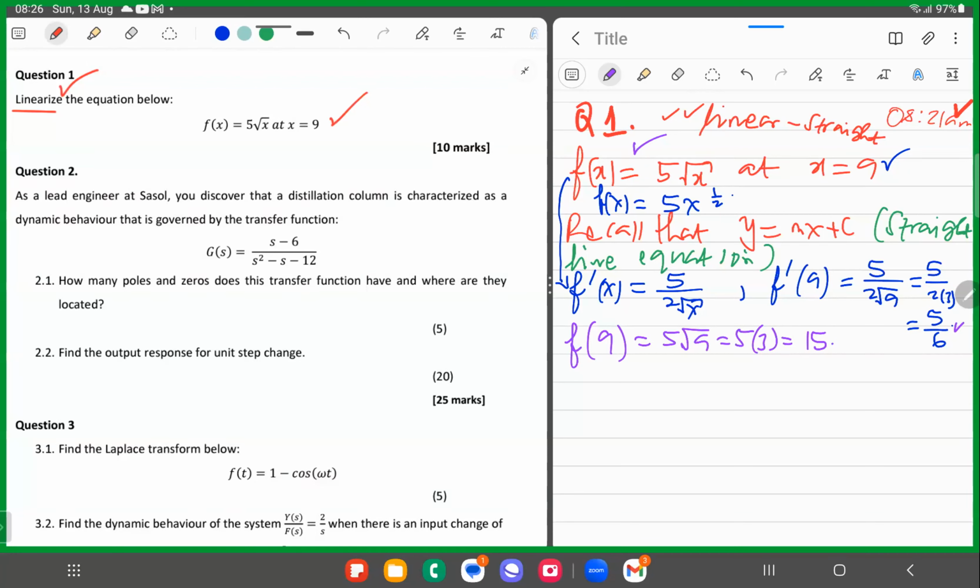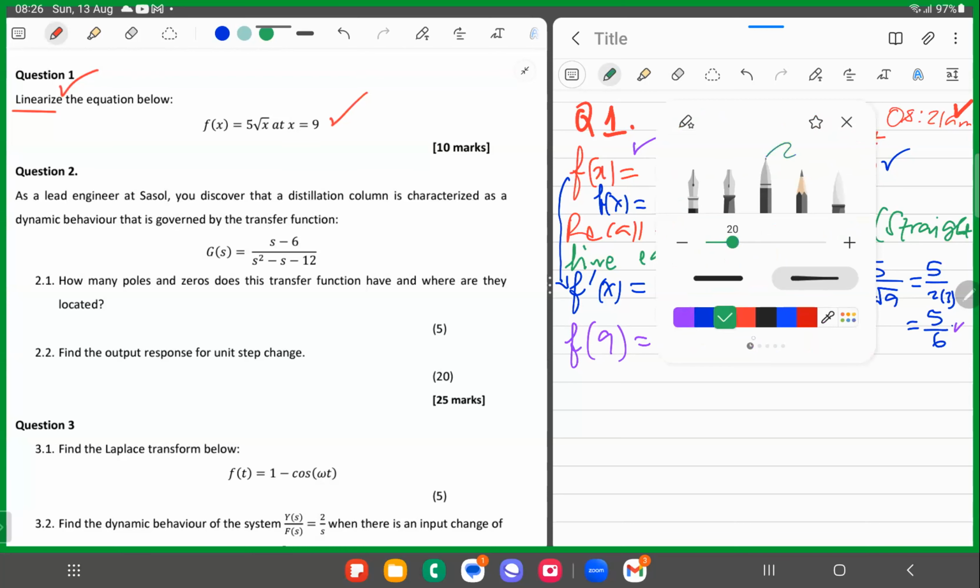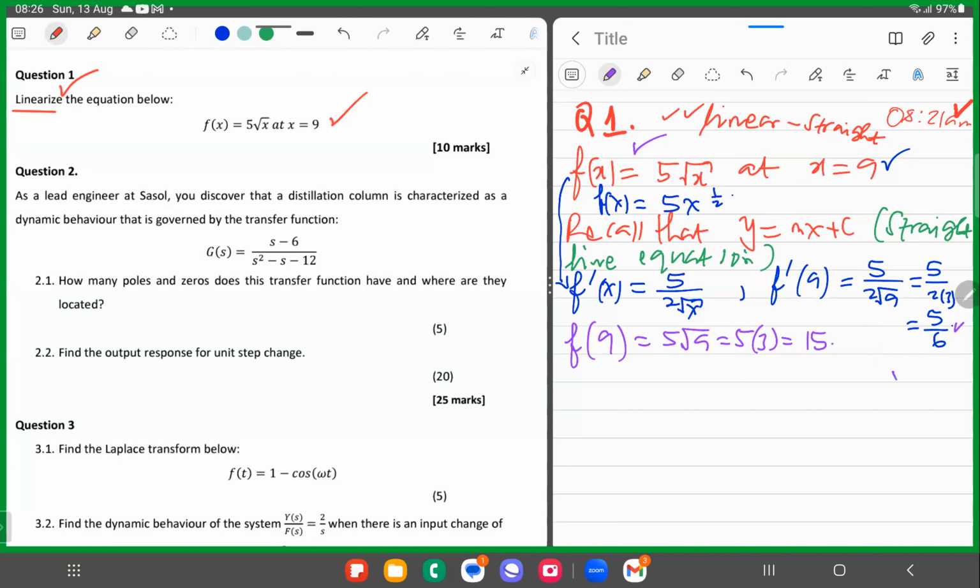Those are the things we need, because I must indicate something very important here: the function y equals mx plus c can be written as y equals f of a plus f prime of a times x minus a.